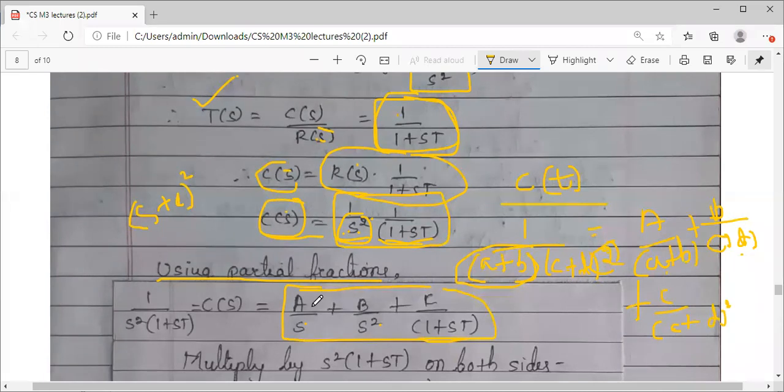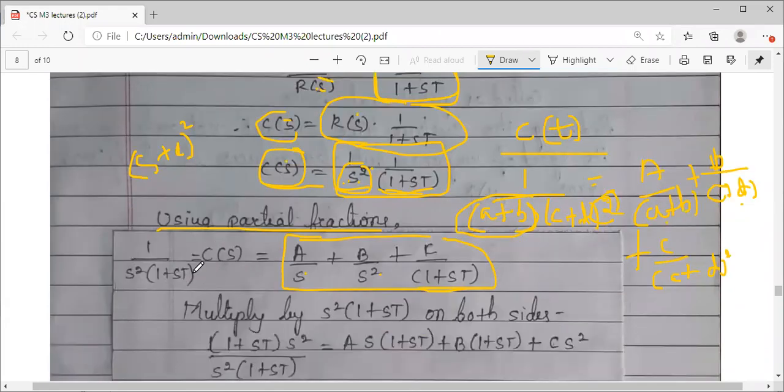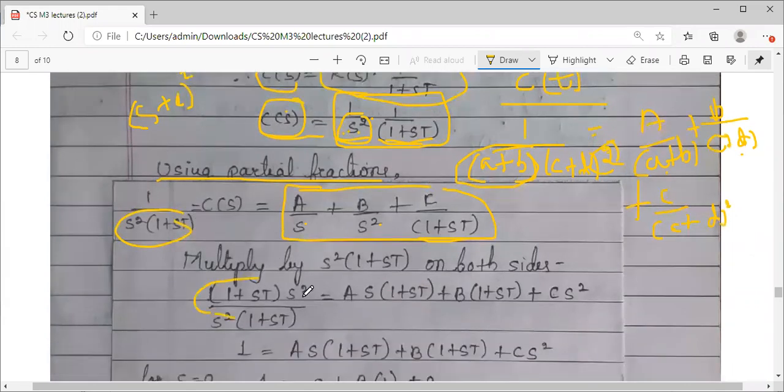Now, finding the values of A, B, C. How will you go for this calculation? Just multiply with this term on both sides. On the LHS both get cancelled, you will get 1. Coming to the RHS, you have a term A into, out of this, one S is already there, so only the remaining term will be there, plus B into, already the S square term is in the denominator, the remaining is this bracket, plus C into this term.